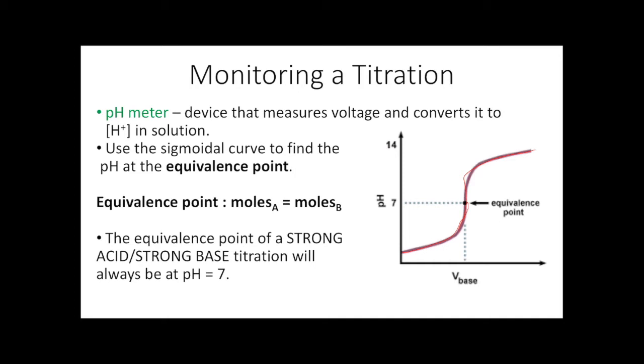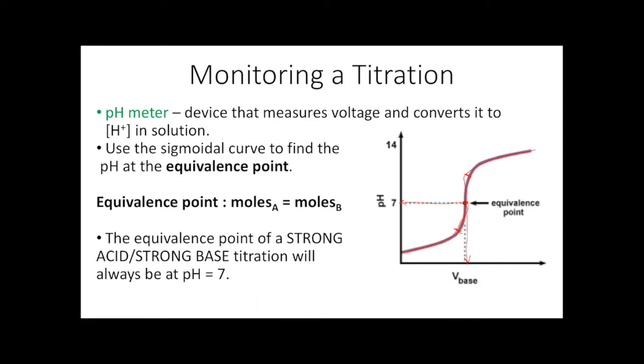At the equivalence point, which is in between the last point here and the first point here, it's kind of straight up and down. That's your equivalence point. So you can read the pH and you'll find out what your volume is and also what the pH is at your equivalence point.